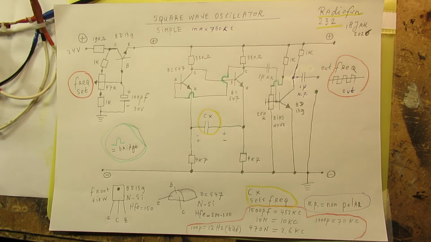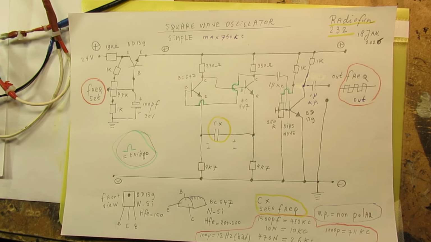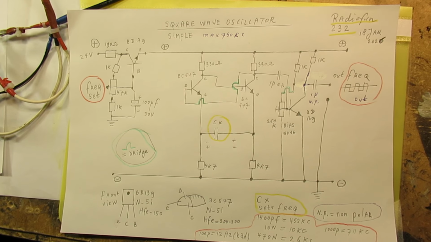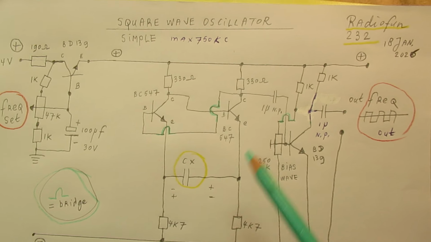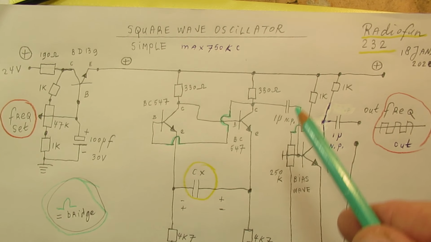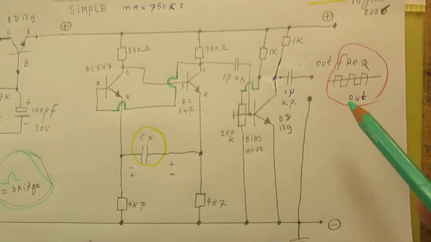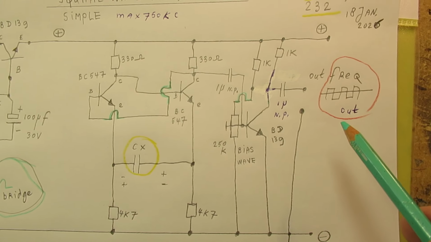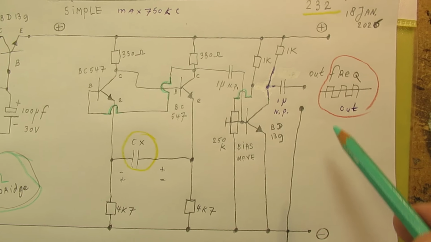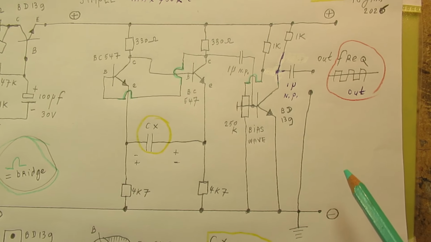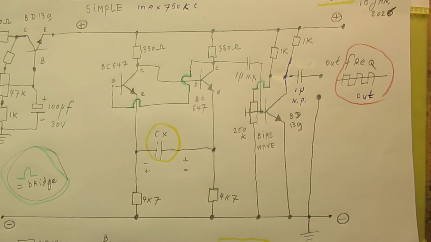You find this circuit in many old school radio magazines, and it is a multivibrator, but I have connected here a second stage via which you can take out that frequency at low impedance, and you can also connect here a potentiometer to make the output variable in terms of voltage.